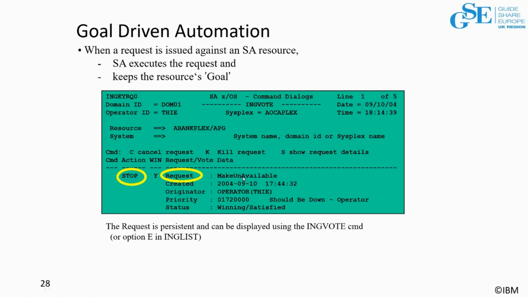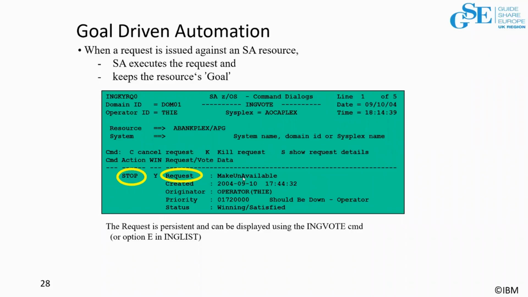These votes are persistent. So even if you IPL, the votes will persist. They're held in a VSAM dataset, so they will survive an IPL or a crash of the automation manager or whatever. And there's a command called ING vote, which you can use to list all the votes that are currently in the system.